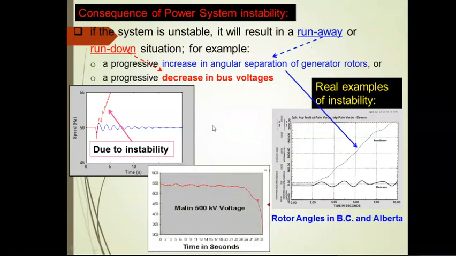If I take another one, this is the case of a decrease in the bus voltage at Malin station, and you can find that there is some oscillation in the bus voltage up to 23 seconds, but beyond 23 seconds there is a progressive drop in the bus voltage from 550 kV to 300 kV in a time span of 6 or 7 seconds.